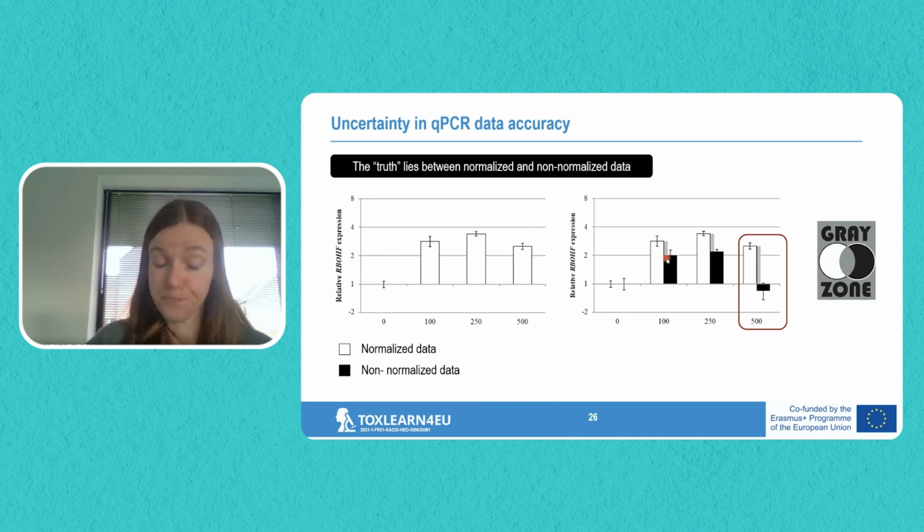So, for example, in this case, for the 100 micromolars of zinc, the white bar, so the normalized data, would result in a conclusion that the expression of the gene is increased 3 times compared to the control. According to the black bar, for the non-normalized data, you would say that the expression is increased 2 times compared to the control.